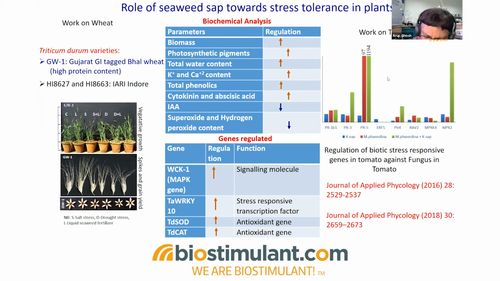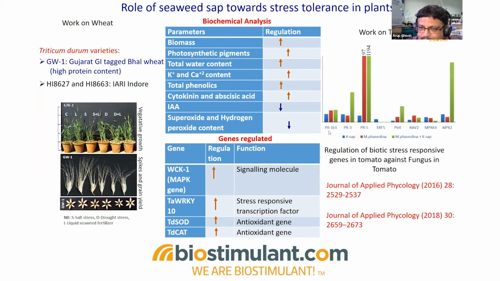So till now, I have been telling about the abiotic stress tolerance, which might be drought tolerance, or salt tolerance, and so on. But the use of biostimulants can actually improve resistance against a fungus called Macrophomina phaseolina, which we found it does by the use of the Kappaphycus biostimulant. So I will explain the color codes.